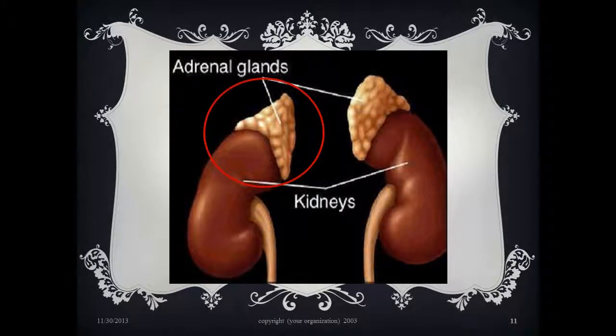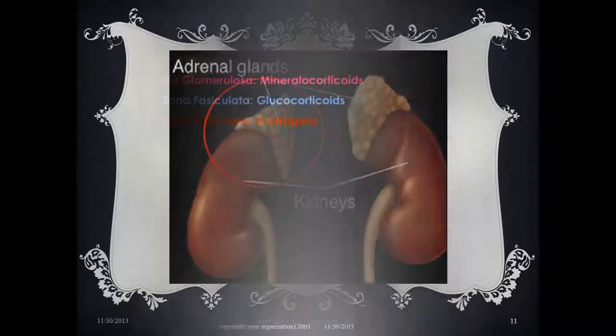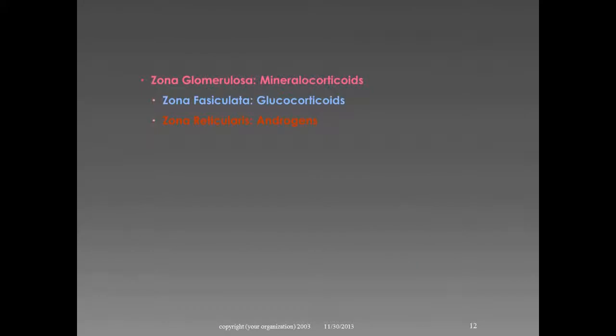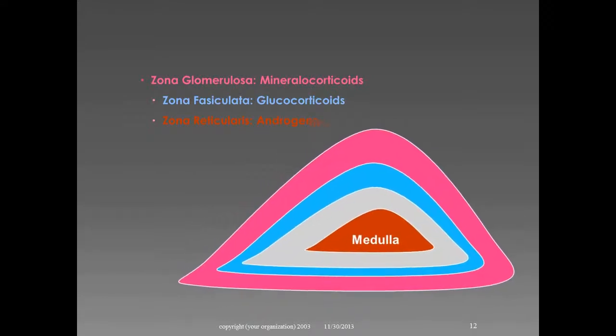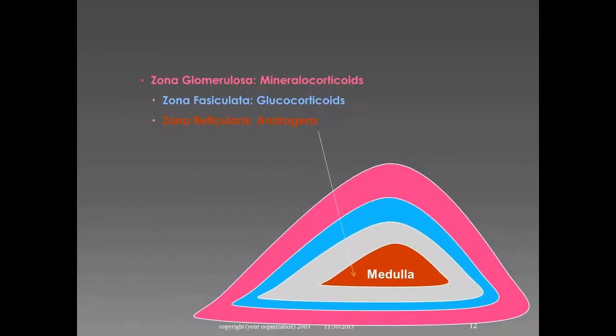Here's a picture of the adrenal glands. They sit on top of the kidney. Here's a diagram of the adrenal glands and the three main sections: the zona glomerulosa, the zona fasciculata, and the zona reticularis.